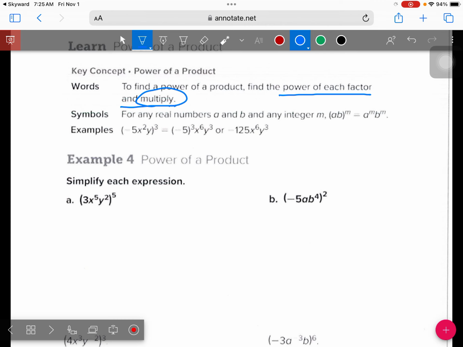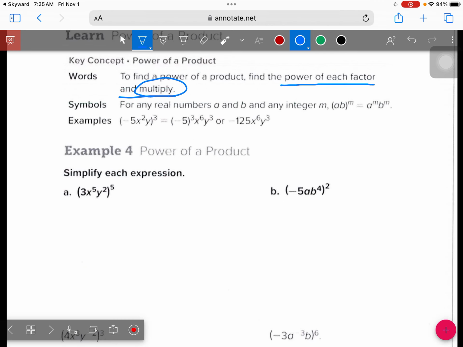So we're still multiplying, but we've got to go through and see what the power is on each factor. For example, negative 5x squared times y, all of that is to the third power. That means every factor on the inside gets raised to the third power.